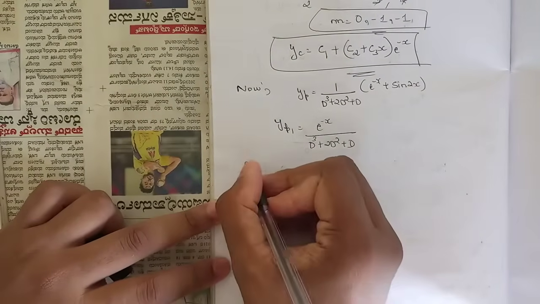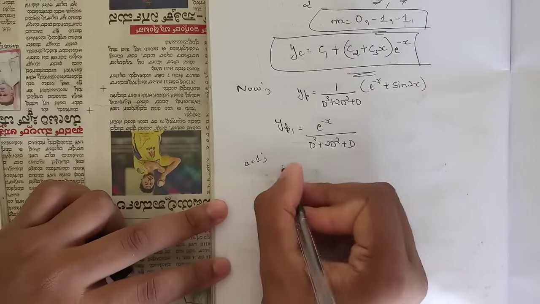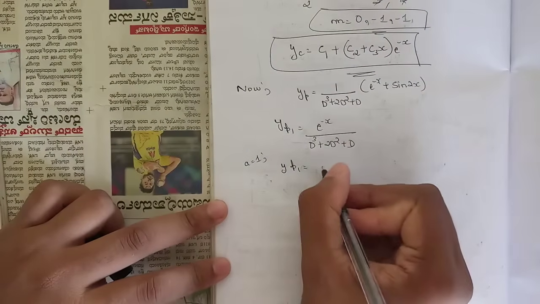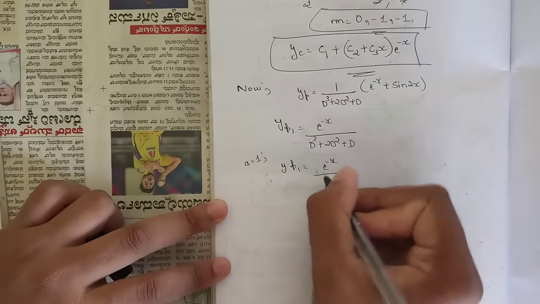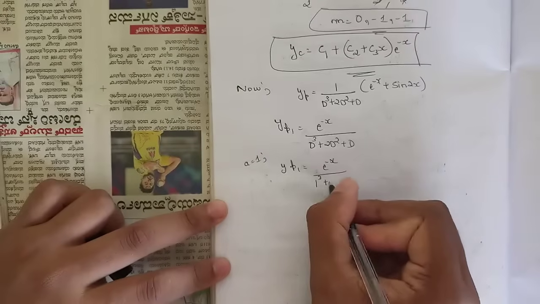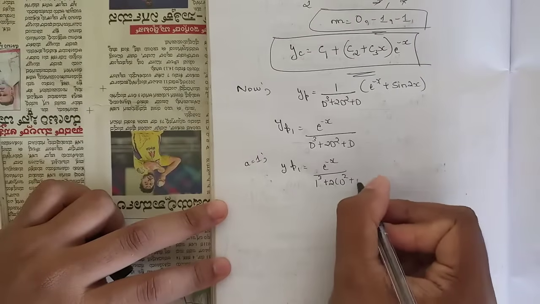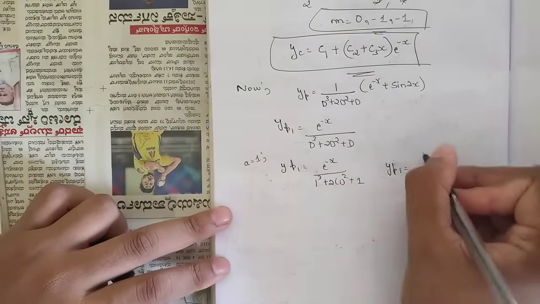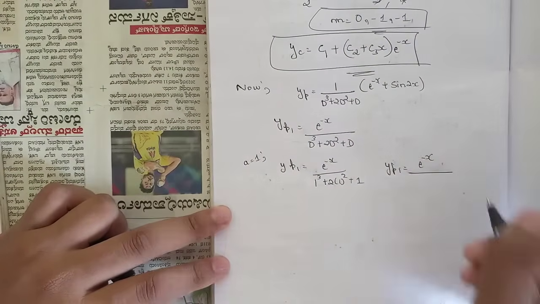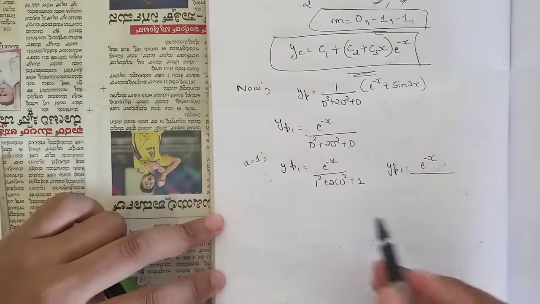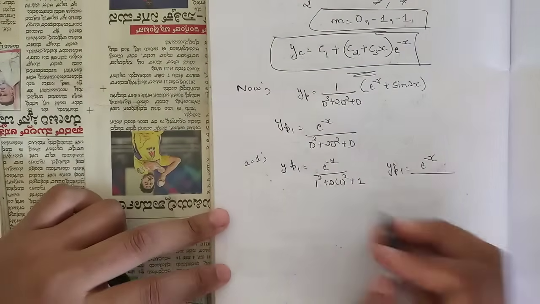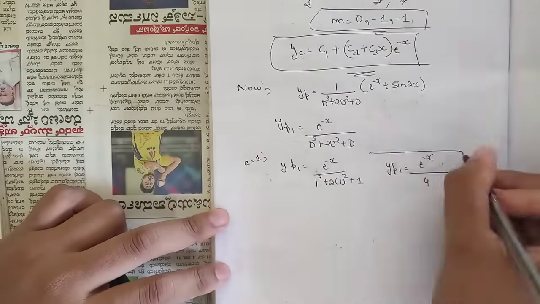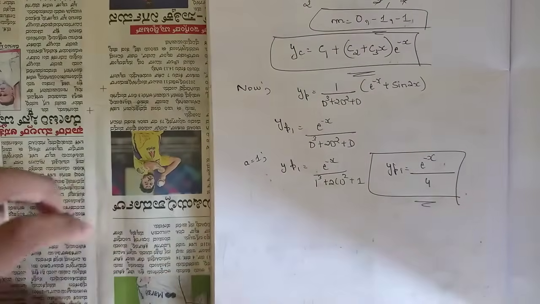Here the value of a is 1, so we need to replace d by a, so it will be e to the power minus x divided by 1 cube plus 2 into 1 square plus 1. So we get yp1 as e to the power minus x divided by 1 plus 2 plus 1 is 4.